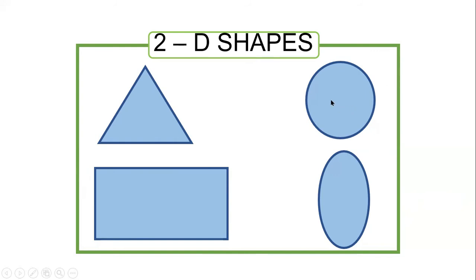This is a circle. A circle is round. It has no sides, no corners. This is an ellipse. An ellipse is like a squeezed circle. So it has no sides and no corners.